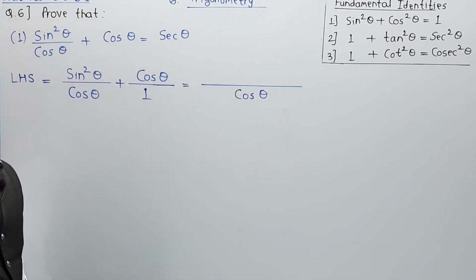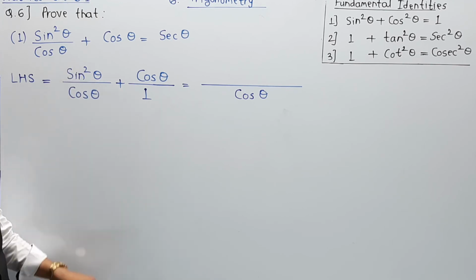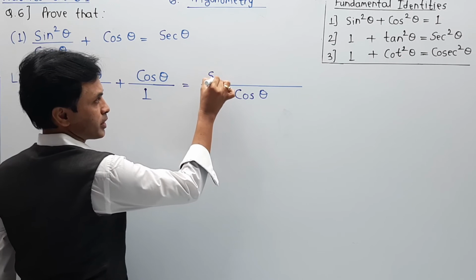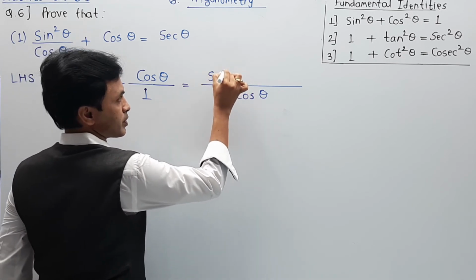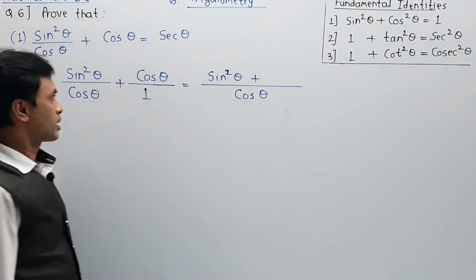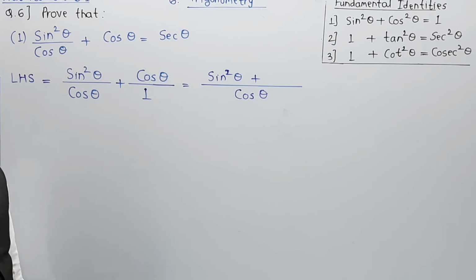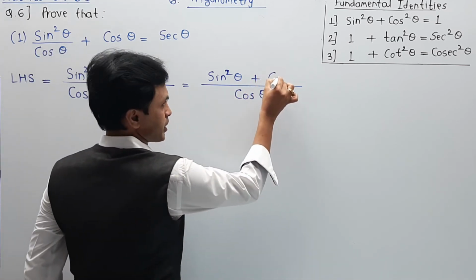This is the first step. Next, 1 into sin square theta becomes sin square theta. Plus, cos theta into cos theta becomes cos square theta.